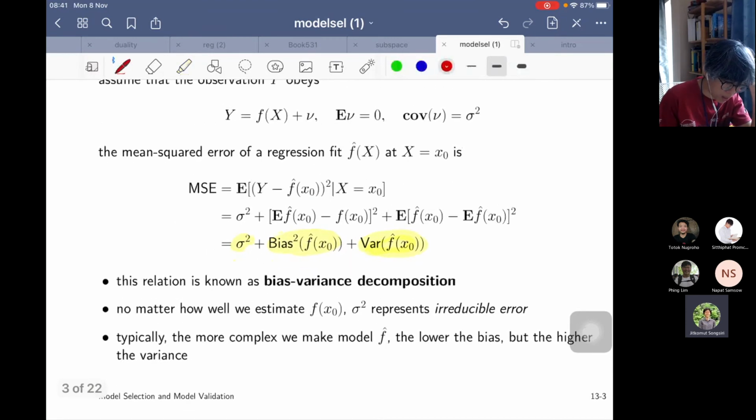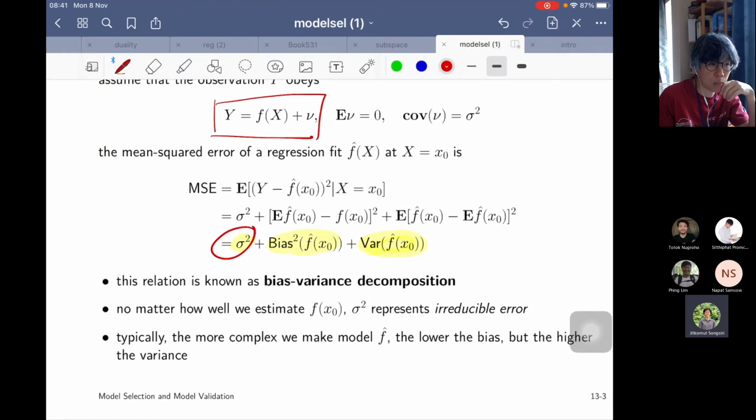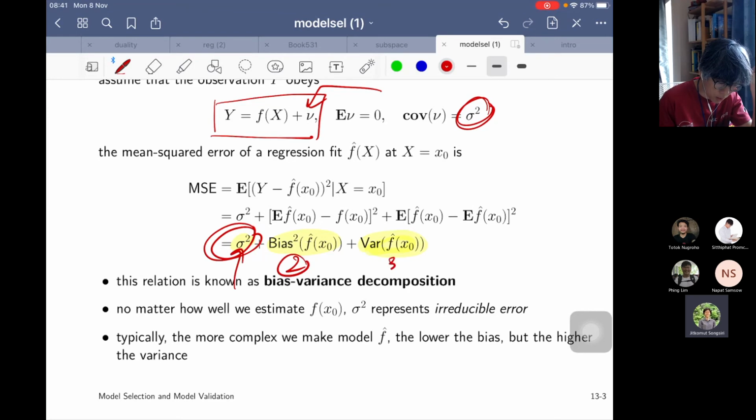The first part cannot be manipulated. It's always there as long as your actual y comes from a linear additive noise model. If the noise in the equation has a high variance, your MSE will always have this portion. The second term is the bias term.